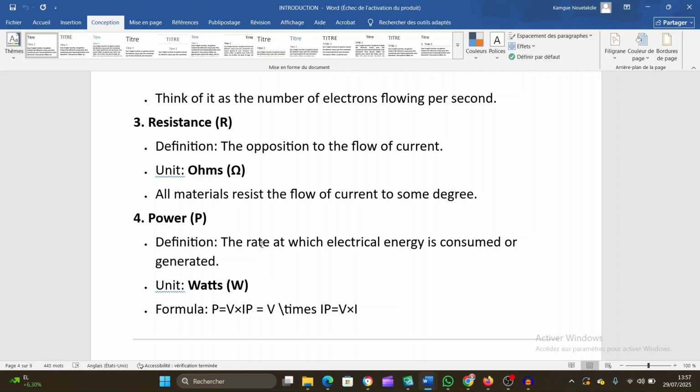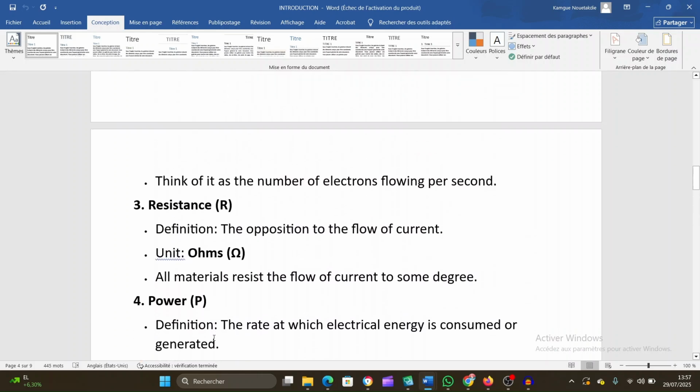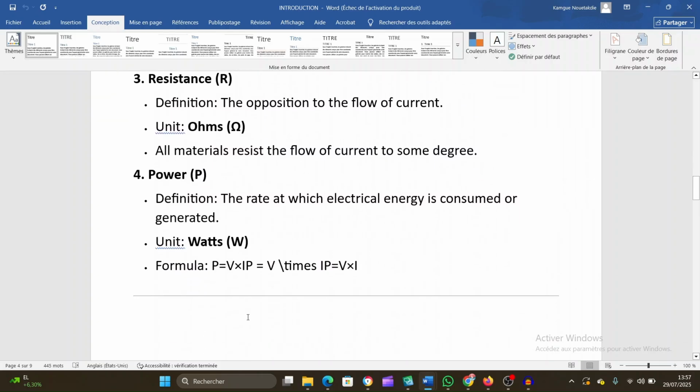Another thing which is worth mentioning equally is Ohm's law. In electricity, new learners, beginners, have to know the fundamental law of electricity. Ohm's law is the fundamental law of electricity without which one cannot really succeed in this field.